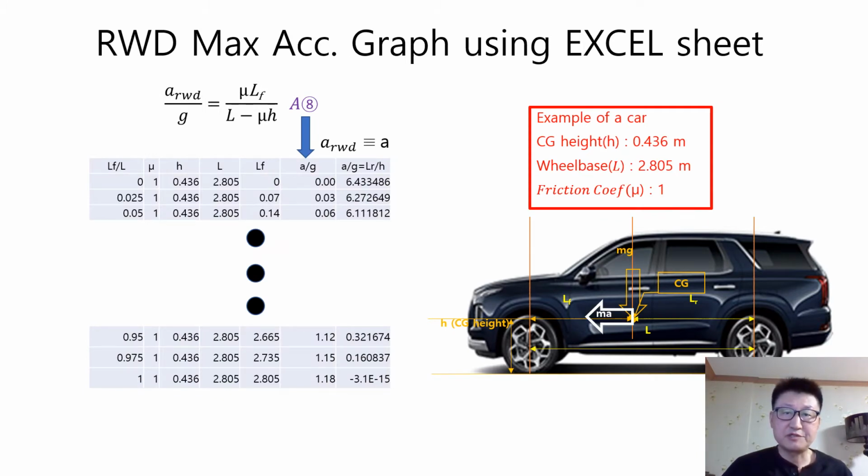Let's make the Excel sheet to draw the graph of maximum acceleration depending on the CG location of the vehicle. In the Excel sheet, A is the same notation as A_RWD. The data in the red box are the same as those in the previous videos. We put the data in the Excel sheet as shown here and type this equation in this column.